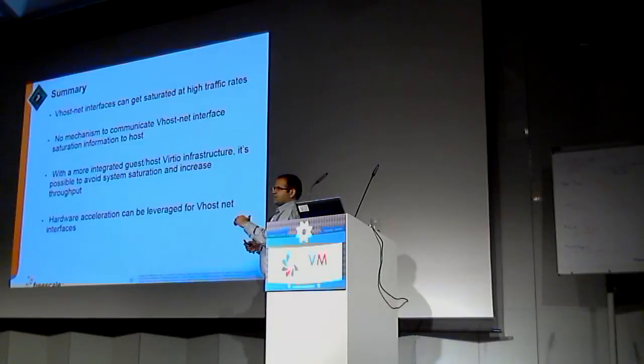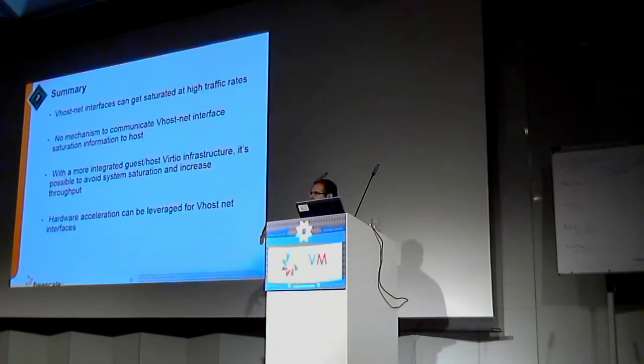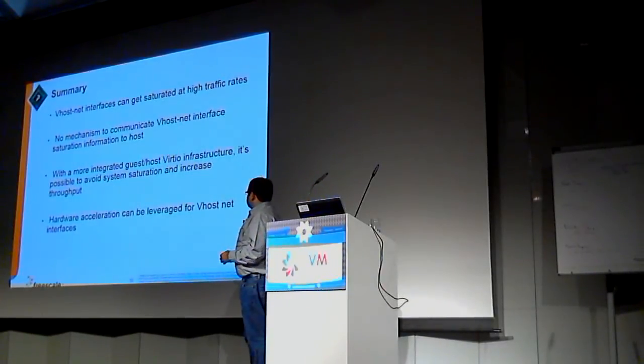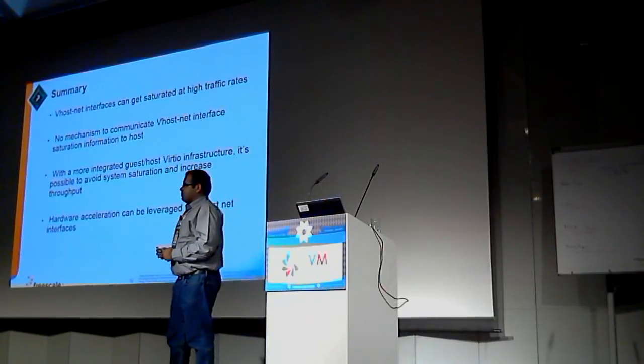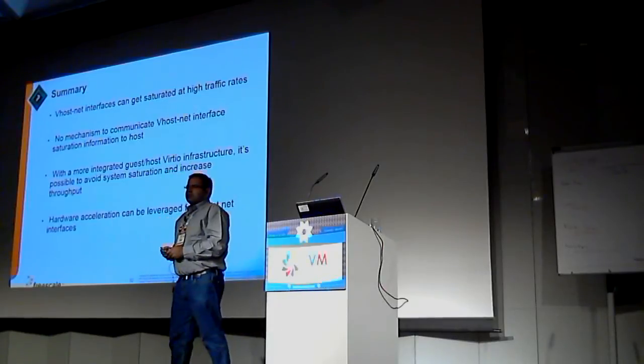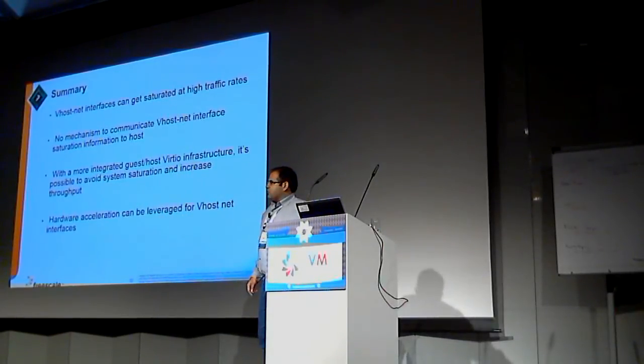That is lacking, and that really impacts the overall performance. With the more integrated solution which we are proposing, it is certainly possible to provide feedback to the physical NIC and improve the overall system performance. And as I just showed, we can use hardware acceleration for doing this. So this is it for my presentation, and we are open to questions.